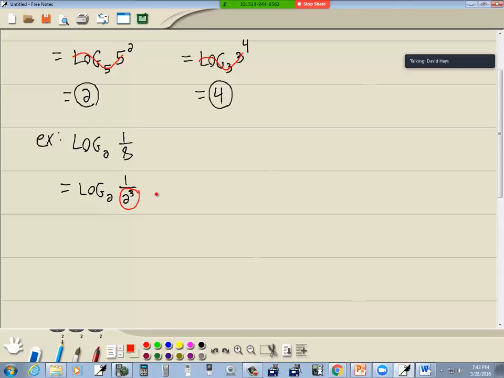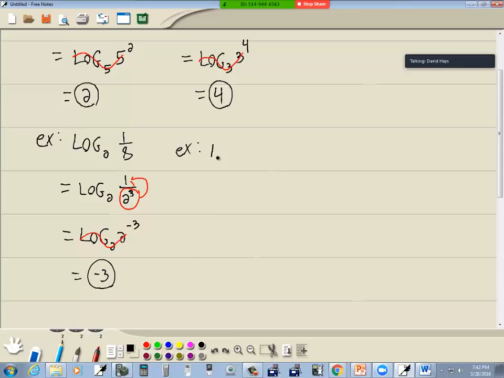We looked at problems earlier in the course where you can move something opposite of where it's at in a fraction, and the sign of the exponent changes. When I move that 2 to the positive 3 up on top, it becomes 2 to the negative 3. And again, if you get these numbers the same, then log and those two numbers cancel, and your answer is negative 3.